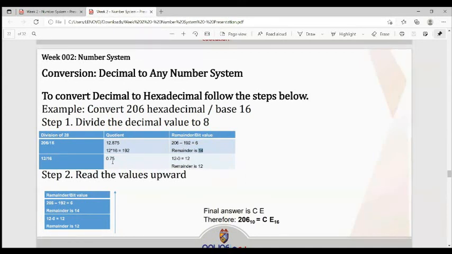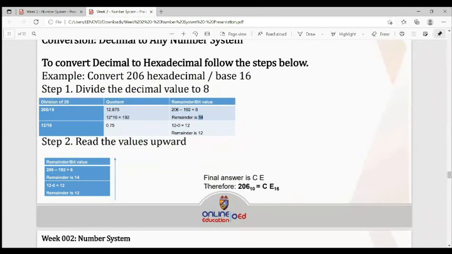Same with this one. So 0.75 times 16, the result is 12. Ayan. So the answer now is 206 base of 10 is equal to CE base of 16 in hexadecimal.